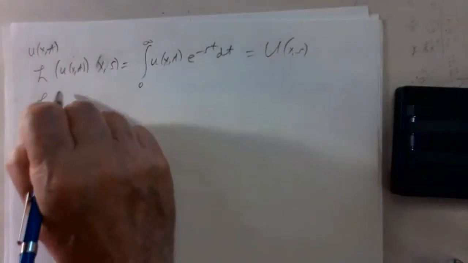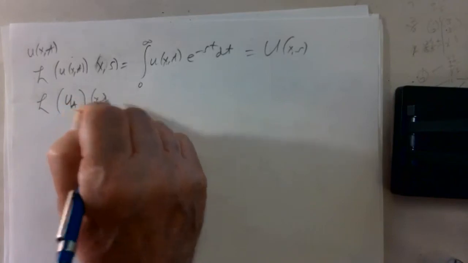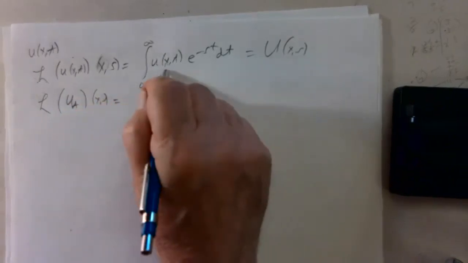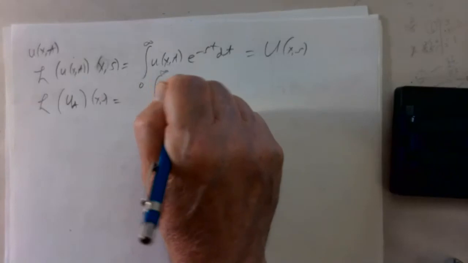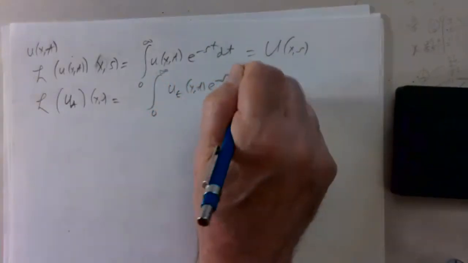Suppose I take the Laplace transform of the partial of u with respect to t. That's the integral from 0 to infinity, partial of u with respect to t, e to the minus st dt.